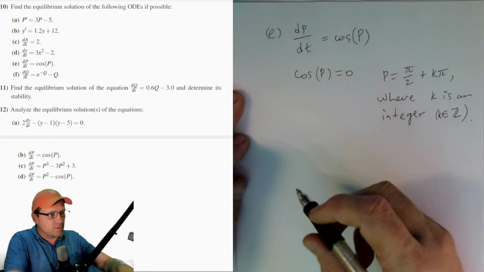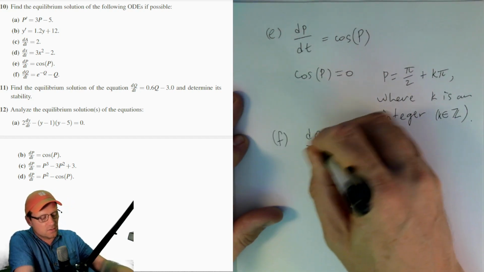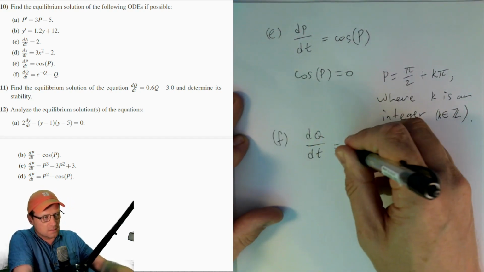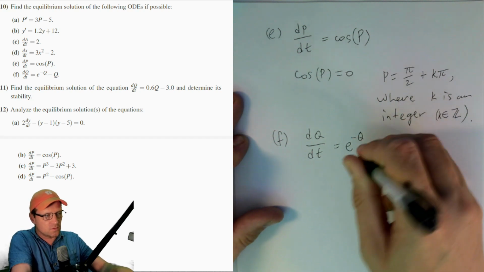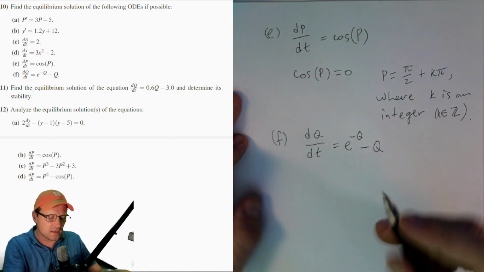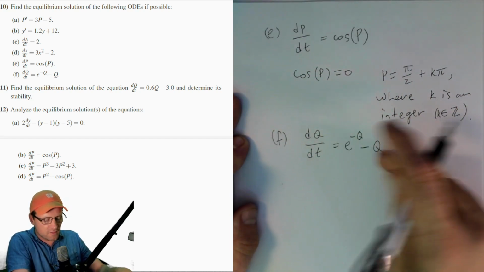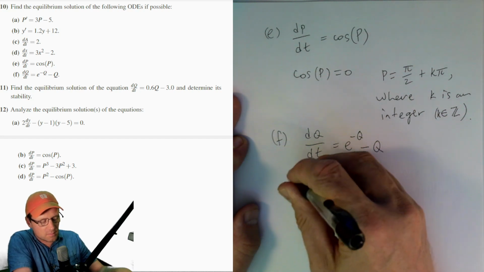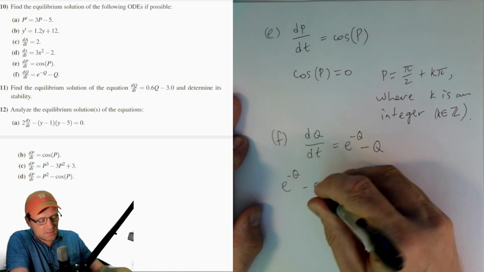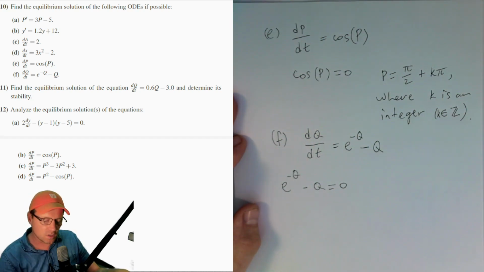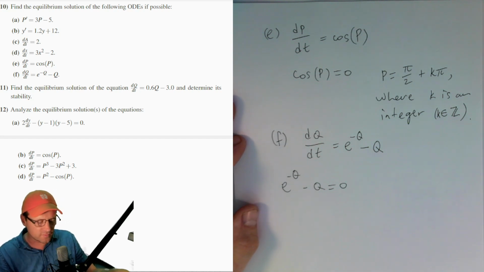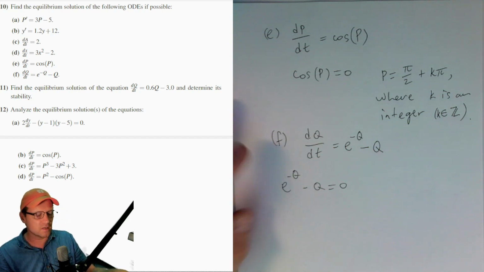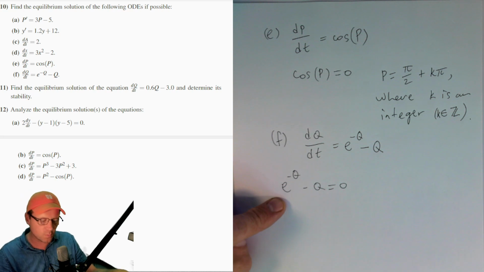All right, part F, dq on dt is e to the minus q minus q. Okay, so when do we have that equal to 0? So e to the minus q equals q. Well, for this one, you would probably want to solve for q numerically because this is a nonlinear equation.